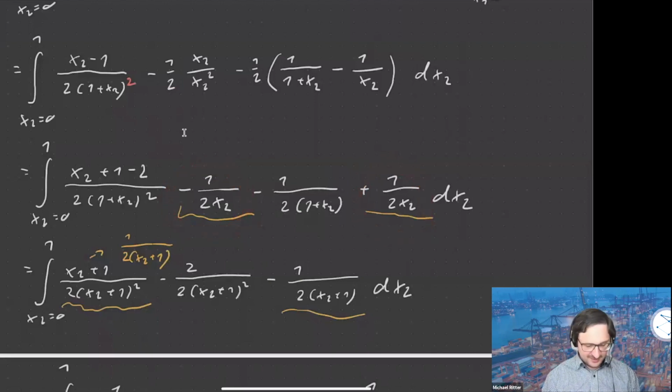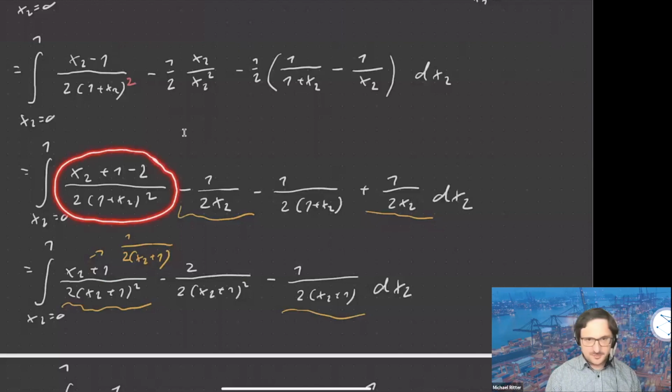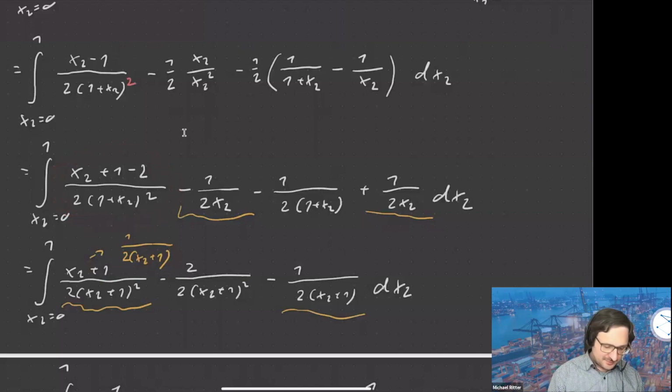That's what's happening here. And the other thing that's happening here is I'm taking this fraction here, and I'm just splitting it up into this first part here, without the minus 2, and that second part here. All right, so this is the first part, this is the second part. And of course, I'm doing this because I want to cancel this factor.